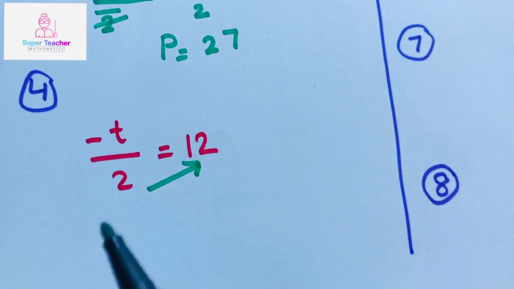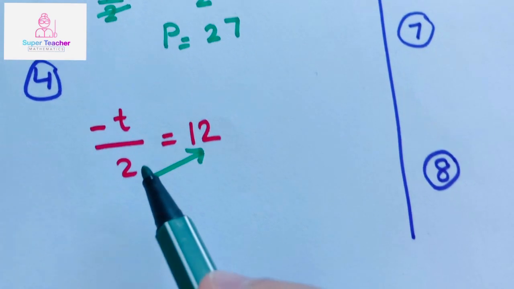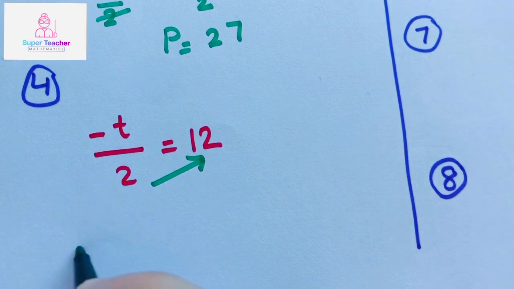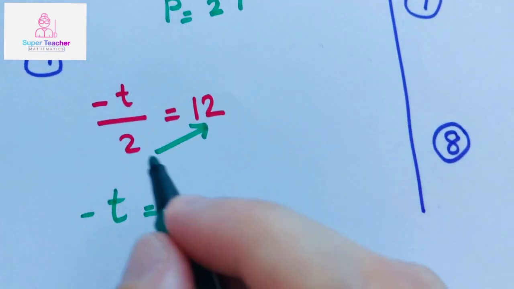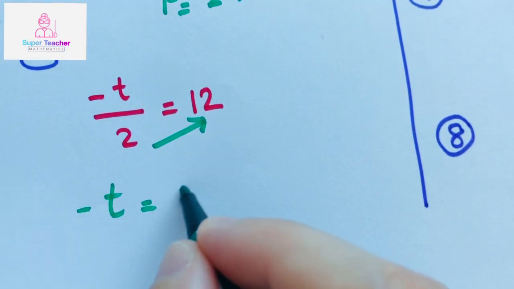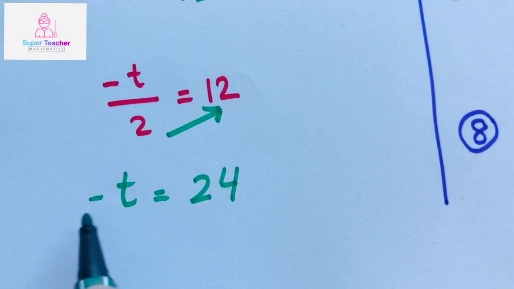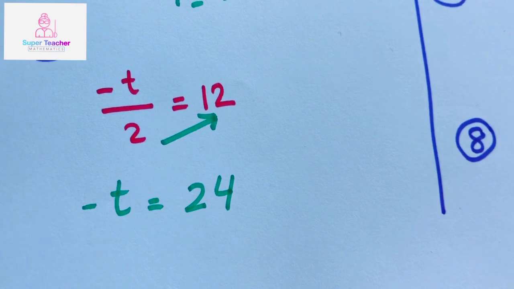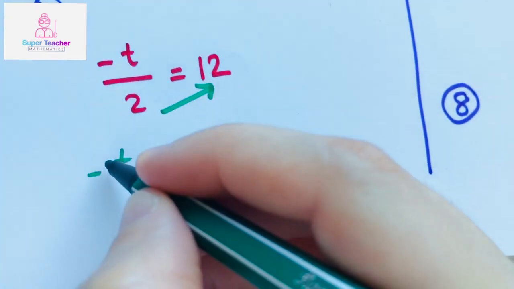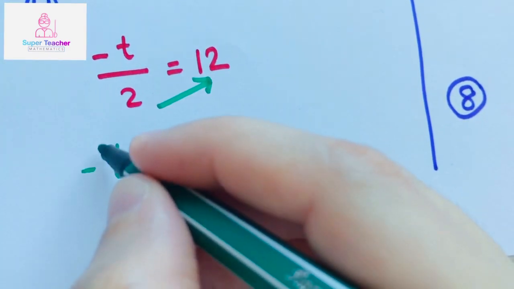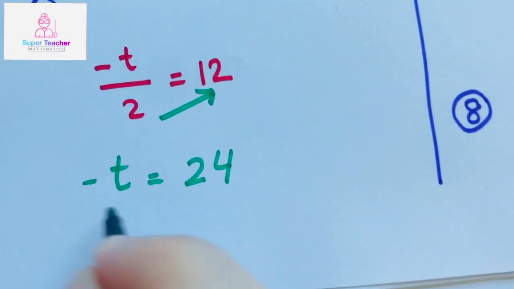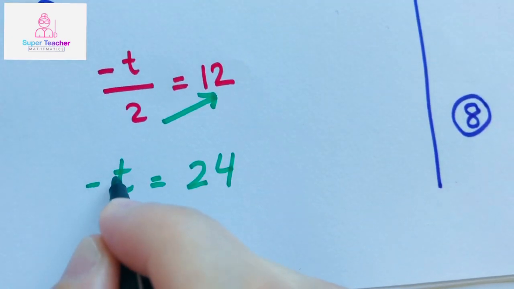So in general, this way is also right, that I have negative t equals 2 times 12 equals 24. But we didn't finish because we still have the negative. Here it's already negative 1 times t, so I'm going to divide both sides because it's multiplication.